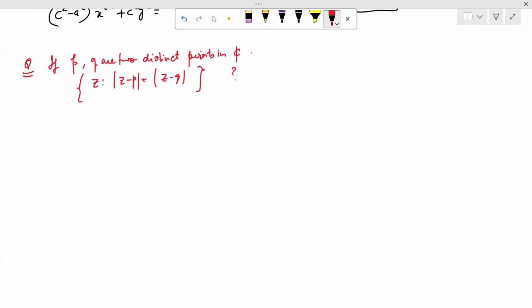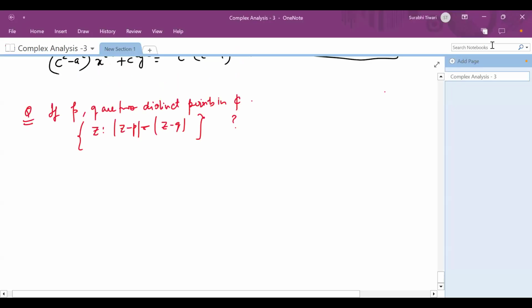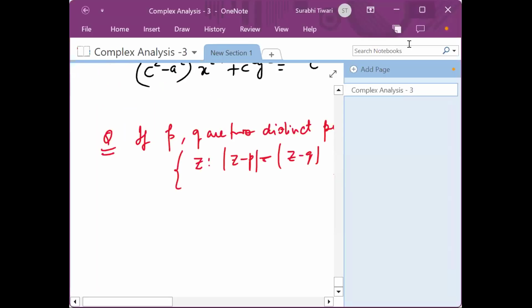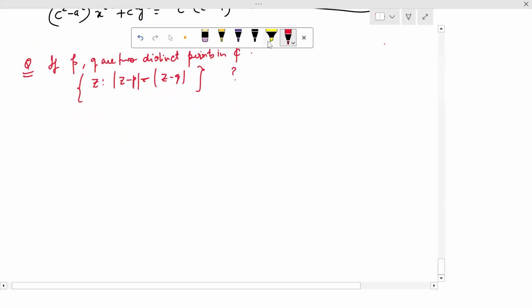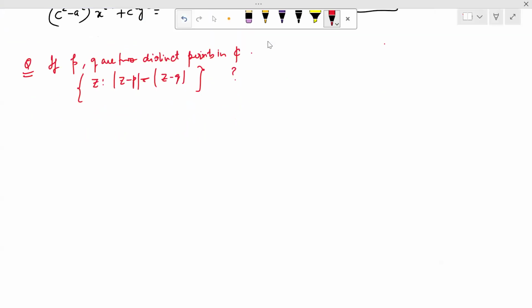So always remember, I've taught in the classes also that whenever this modulus sign comes, yes, indeed, modulus means root over x square plus y square in the complex sense, and in the real sense, it means finding the absolute value of the number. But you can visualize this another way also.